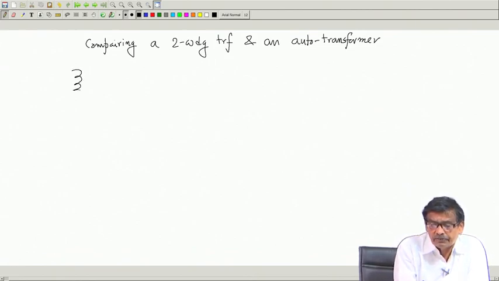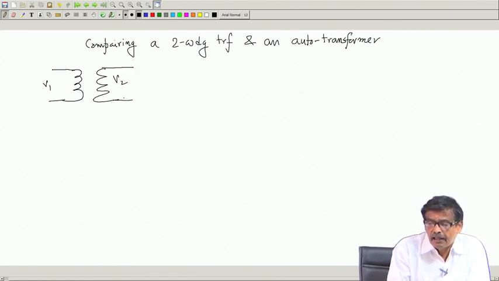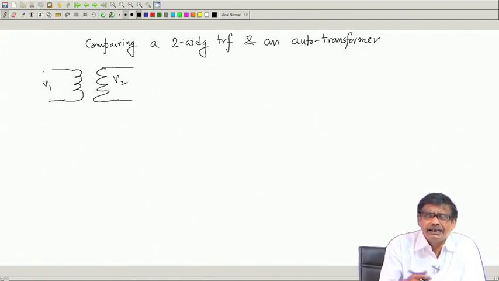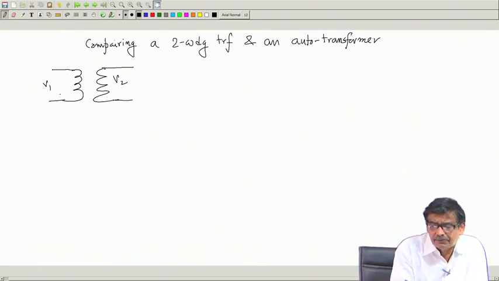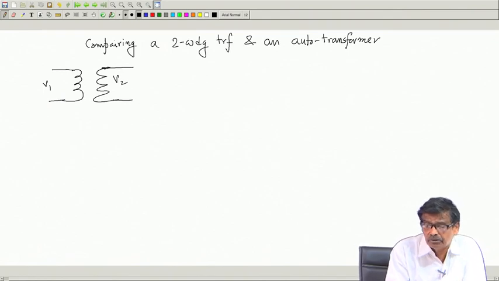Your two winding transformer should do like this. V 1, it must transform to a voltage V 2, and we will neglect the no load current, that is pretty small, ideal conditions, to understand what is the implication of this, which one to choose.